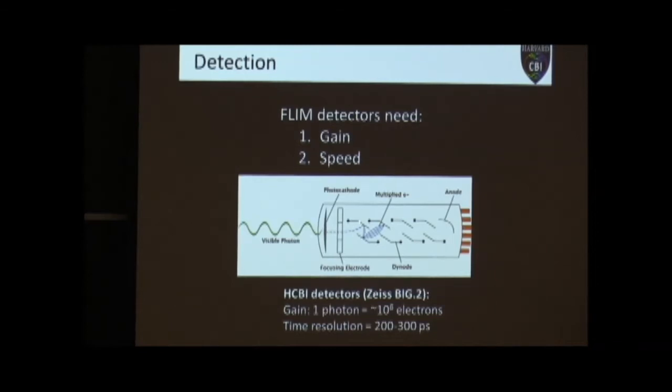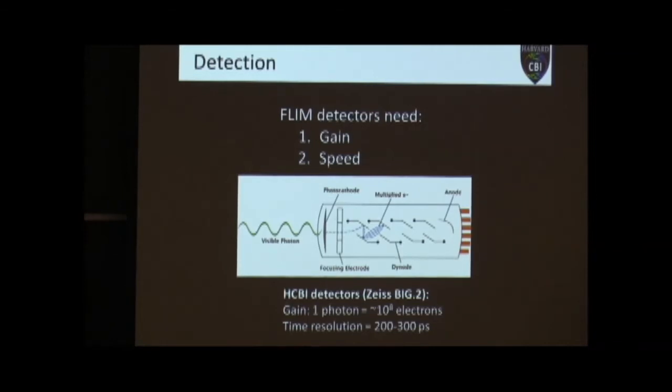And what it does is it draws the electron that's been created here at the photocathode to the anode. And there's some focusing electrodes, and then there's these little metal plates that are called dynodes that sit all the way down here. And what happens is that electron bounces off each one of these dynodes as it goes down. And what happens here is whenever an electron slams into one of these pieces of metal, it releases what are called secondary electrons. So what you're getting is a multiplication at each one of these little metal plates.